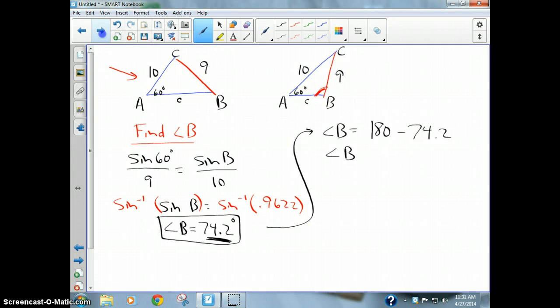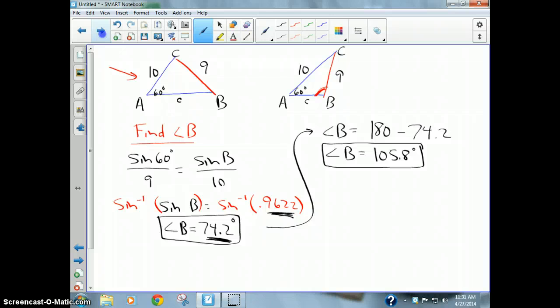So in our obtuse triangle, angle B is going to be 105.8 degrees. You got to solve both triangles. If you double check that on your calculator, the sine of 105.8 degrees gives you 0.9622. So that's how it works out.